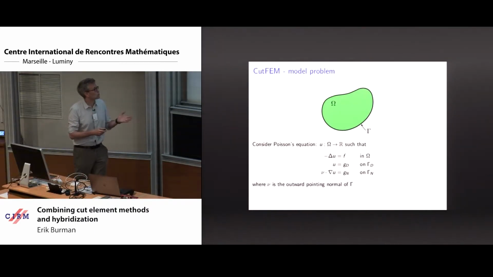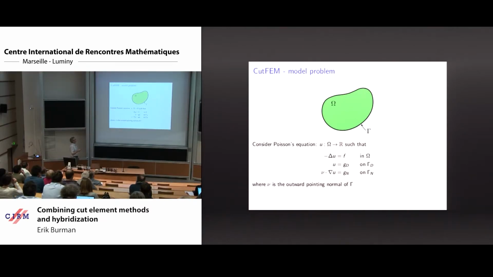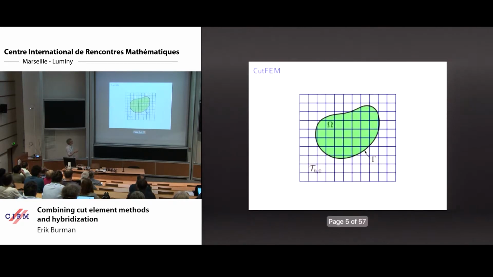So let's see what's going on. We look at Poisson's equation in some domain, and I will now say how we are going to construct our finite element mesh and space on this domain. Well, we plunge it in some box that we can mesh easily.